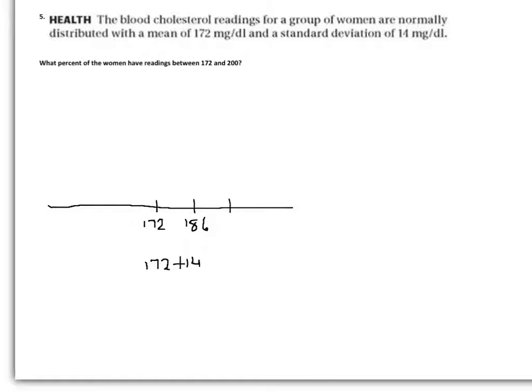If I add two standard deviations, add another 14, 200. Three standard deviations, 214. Subtract the 14, 158. Subtract another 14, 144. Another 14, 130. So here's the middle of the bell.